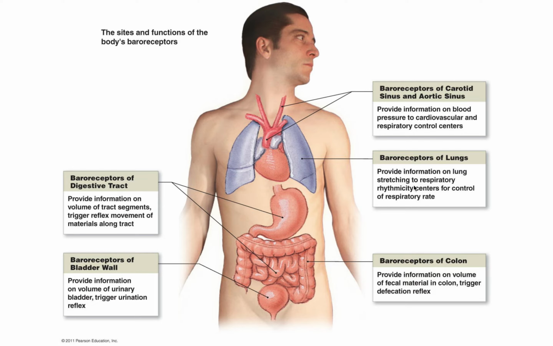It also monitors the pressure in the lungs, and again, depending on what's necessary, it will have either the sympathetic or parasympathetic division send some stimulation. Receptors in the digestive tract tell us what's in the digestive tract, and if the digestive tract is too full, it will send more parasympathetic stimulation to get things moving through there. Also the bladder, when those are active, they will cause the parasympathetic nervous system to become active and allow you to urinate.